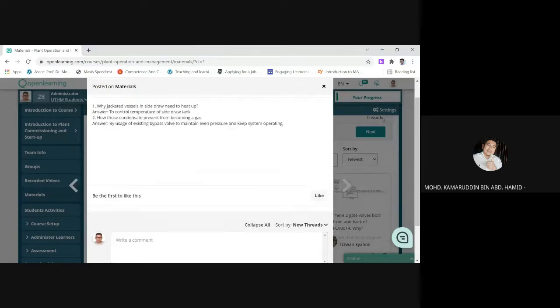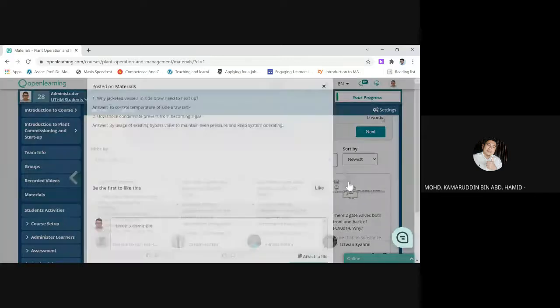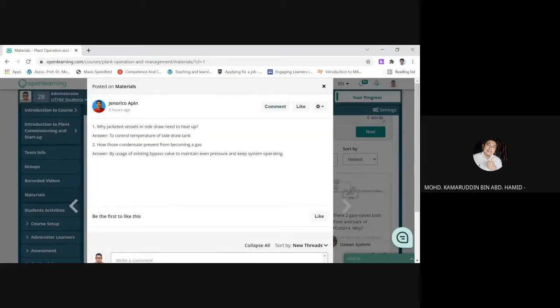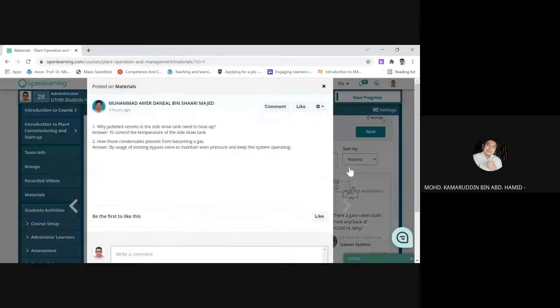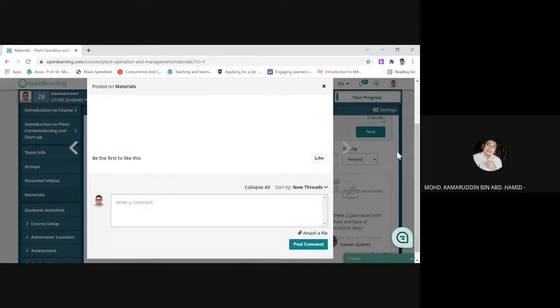Where is your figure? Tolong letak otherwise susah nanti. Sama juga. Generico, please put the photo over there. Daniel, also put some photo. Let me check the comment. Ada juga.